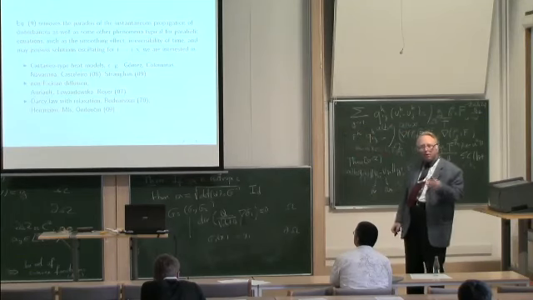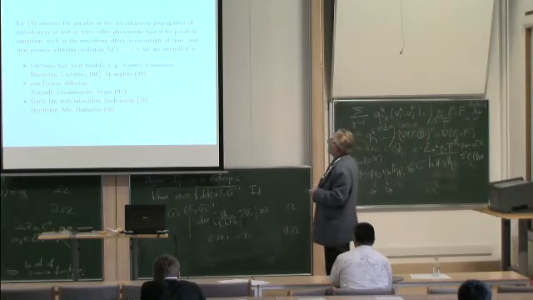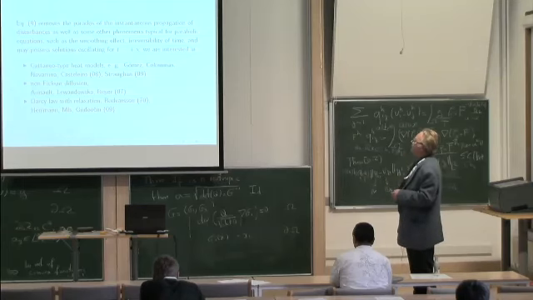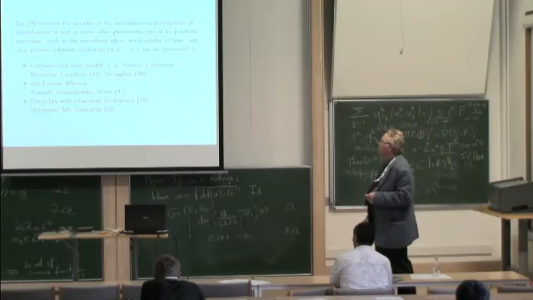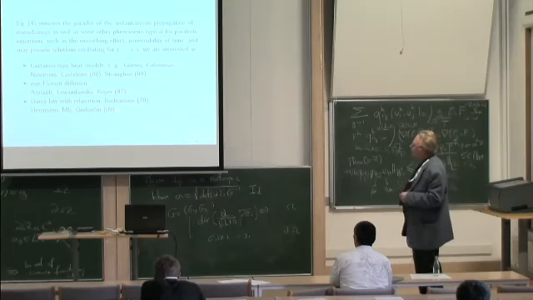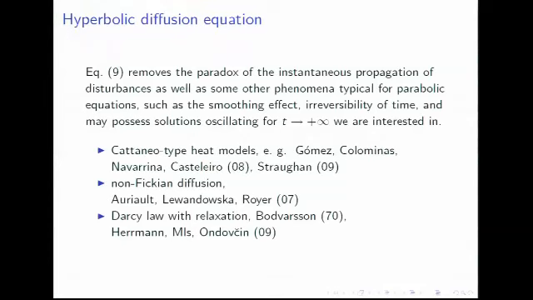This equation already removes the paradox of the instantaneous propagation of disturbances, but also some other phenomena typical for parabolic equations, such as the smoothing effect, irreversibility of time, and may possess solutions oscillating for t going to plus infinity. There is a number of papers dealing with Cattaneo type heat models, non-Fickian diffusion, Darcy law with relaxation, etc.